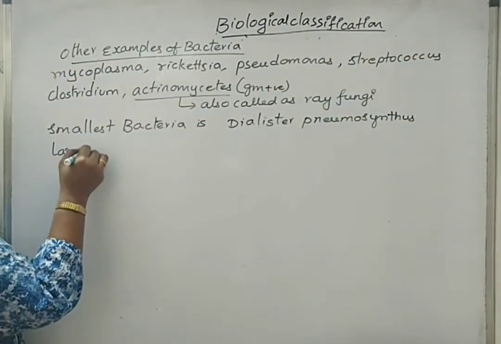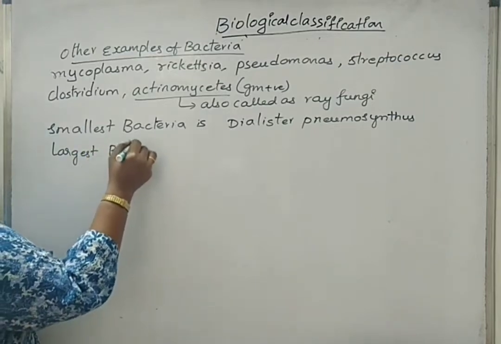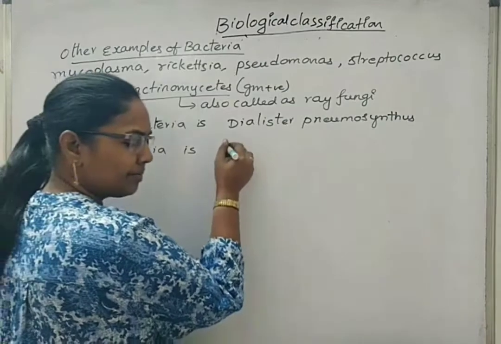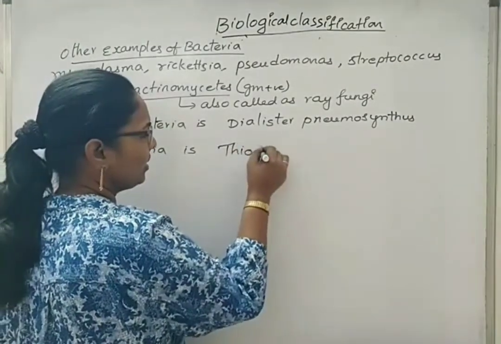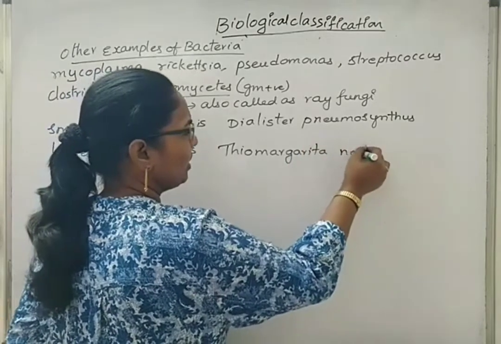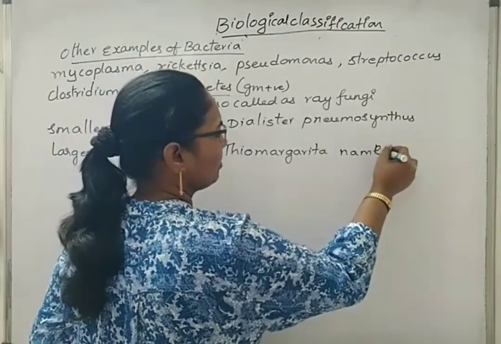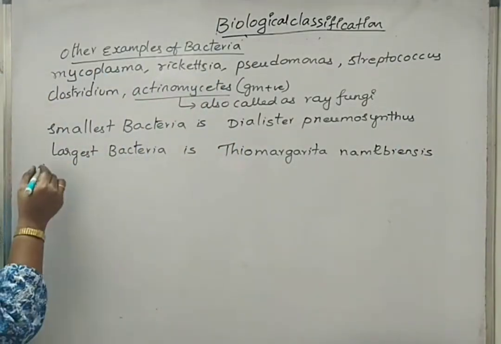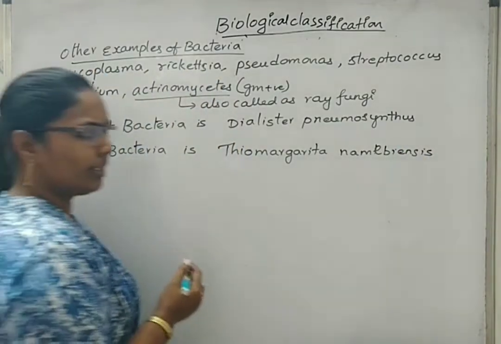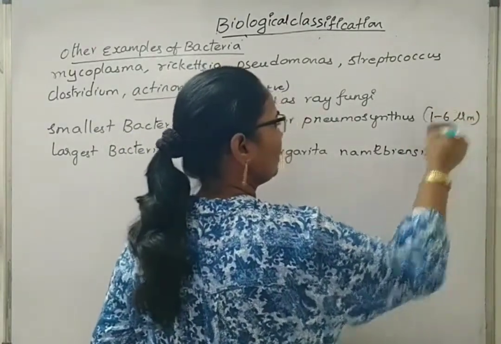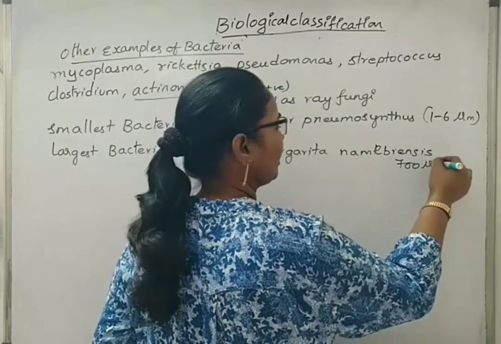Largest bacteria is Thiomargarita namibiensis. The smallest measures 1 to 6 micrometers, while the largest is 700 micrometers.